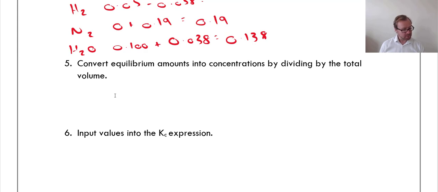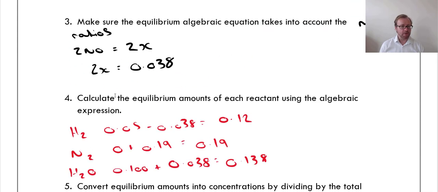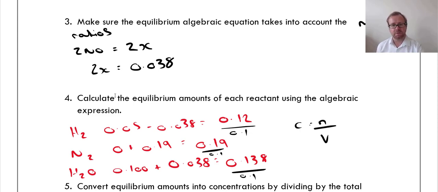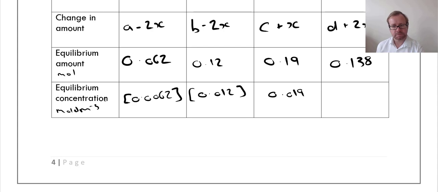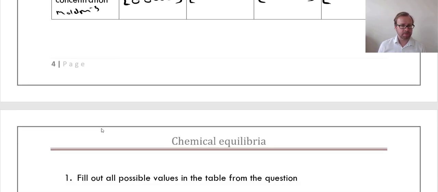I know the total volume is 0.1, so I can take these values and divide by 0.1, since my concentration is n over V. So it gives me concentrations of, and I'll put them in brackets, here.